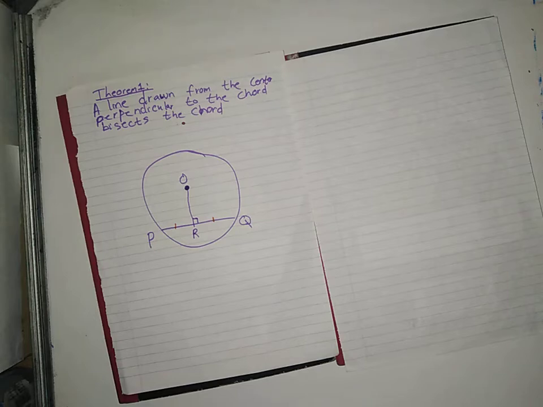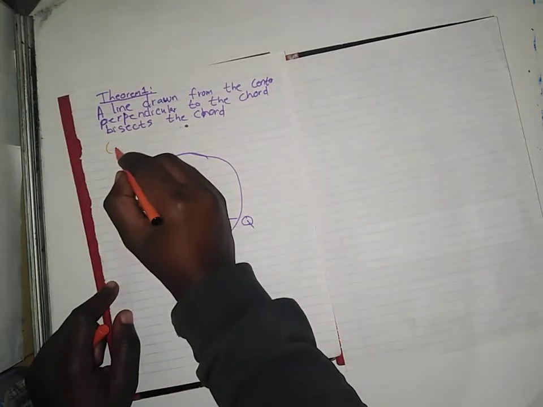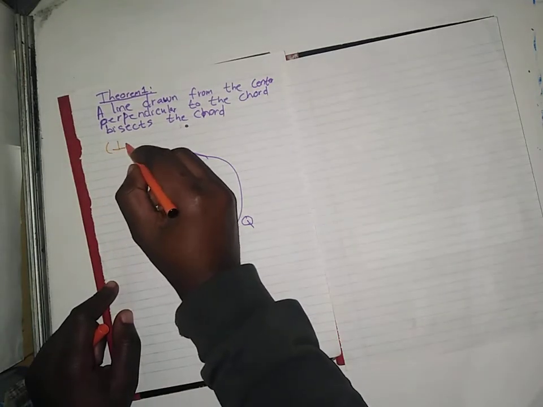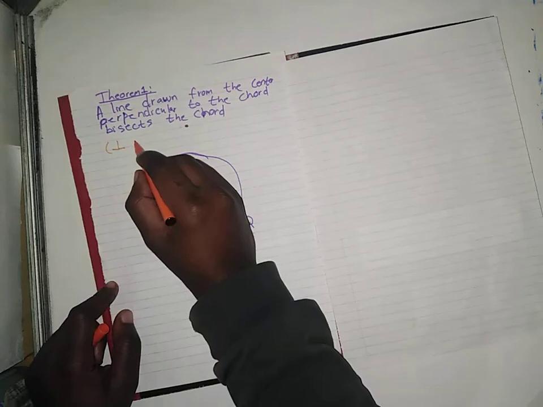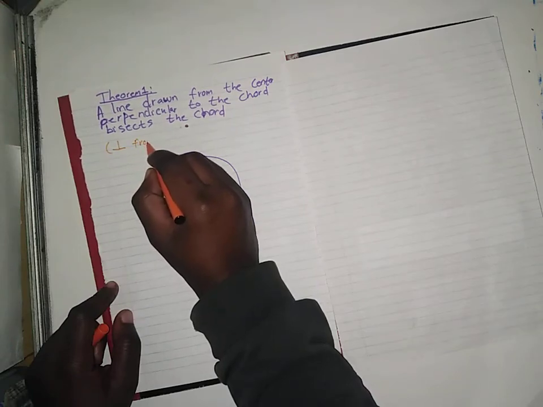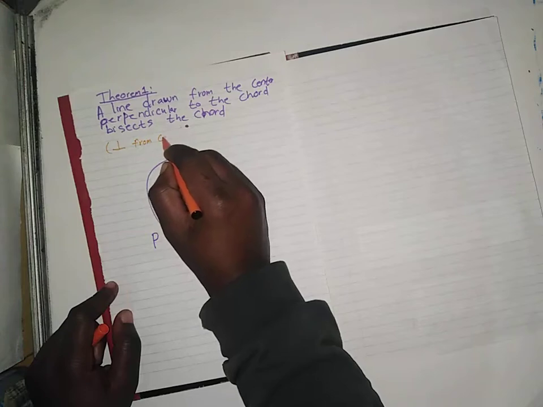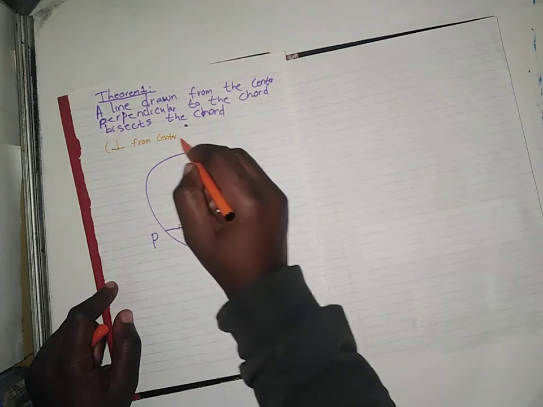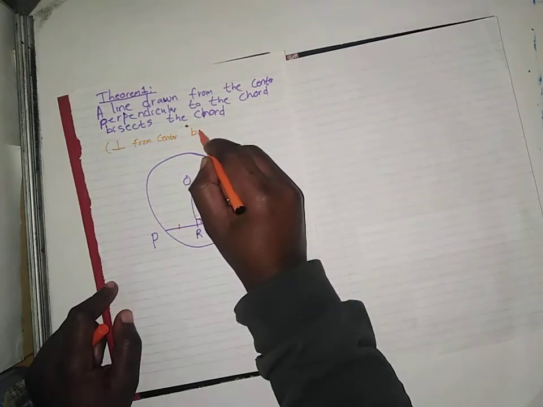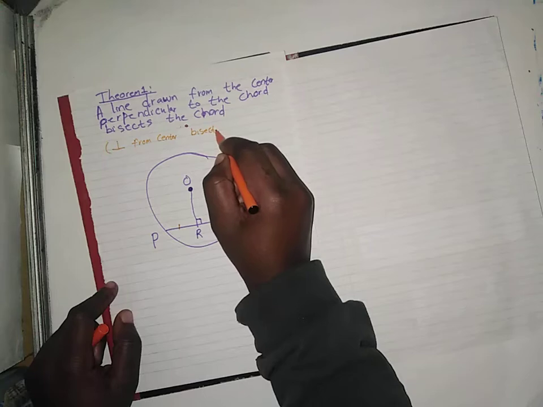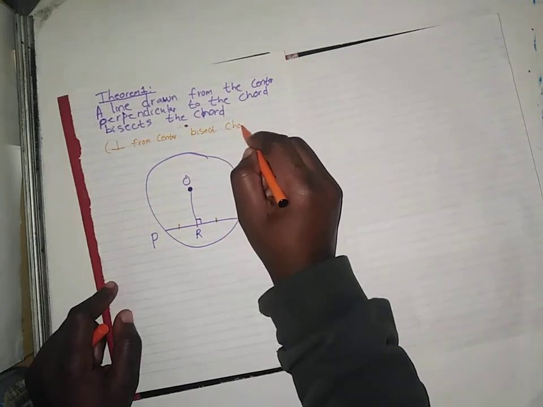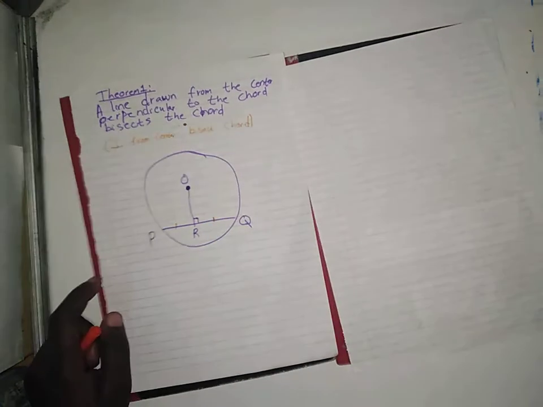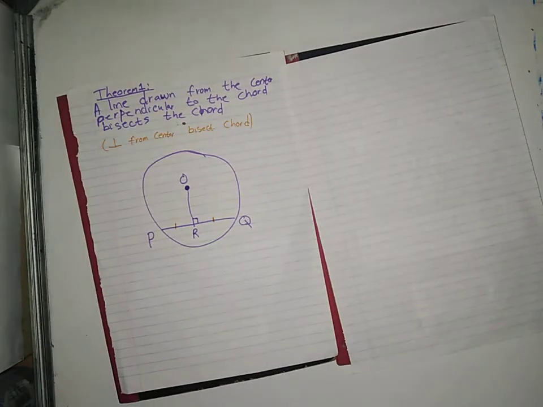You just say: perpendicular from center bisects chord. Okay, so this is how you show that you have used this theorem.